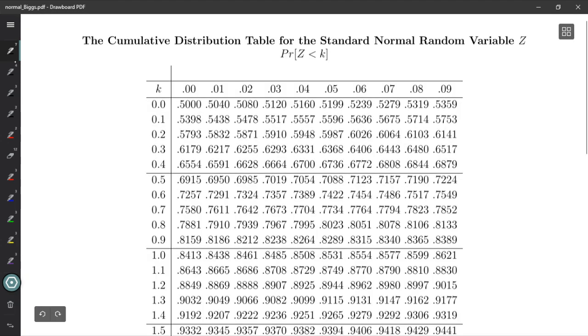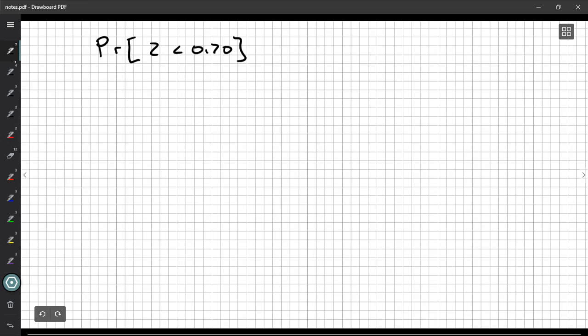Okay, so that'll be 0.70, so that's 0.7580.